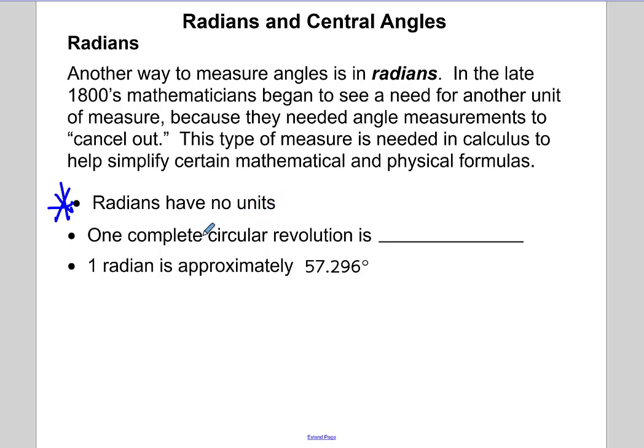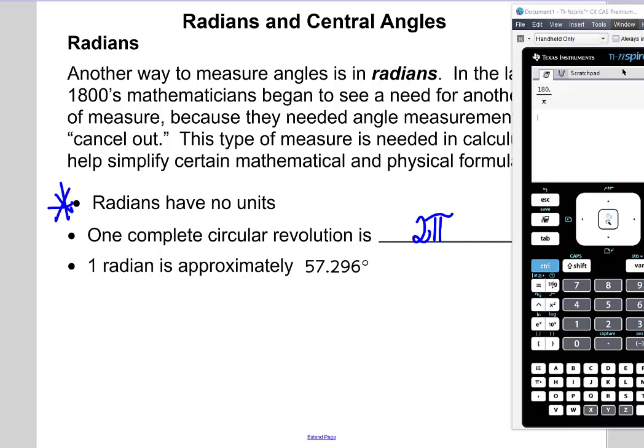A complete circular revolution is 2 pi radians, and 1 radian is about 57.296 degrees. You can see that on our calculator. If 180 degrees and pi radians are compared to each other, the remainder is 57.2958 degrees.